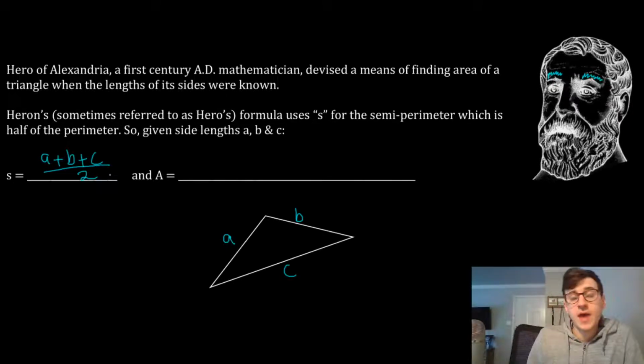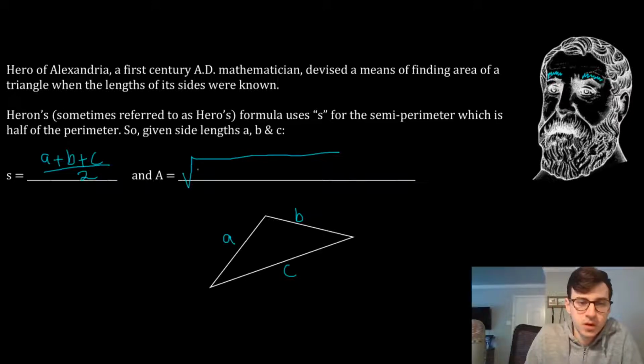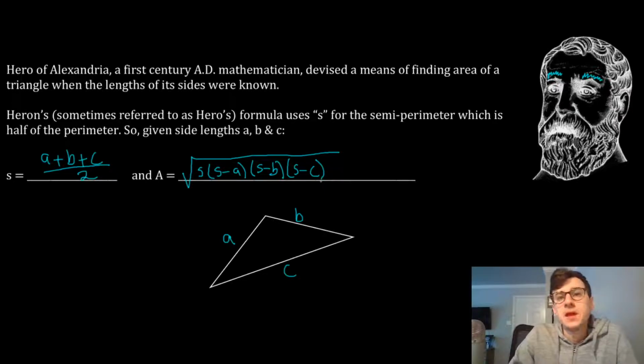Then, if we have the semi-perimeter, the area is the square root of the semi-perimeter times the semi-perimeter minus side A times the semi-perimeter minus side B times the semi-perimeter minus side C. And that is Heron's formula for finding the area of a triangle.